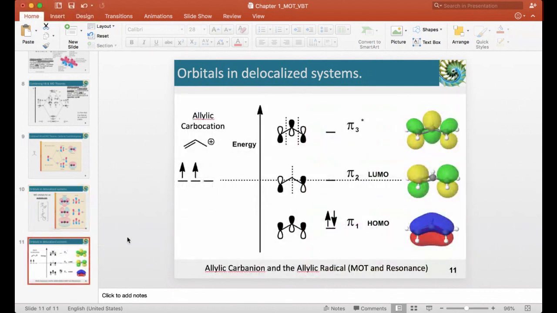And then lastly, I want to show a similar example. So here is a system which we call the allylic carbocation. The allylic carbocation is a carbocation because there is a carbon that has a formal charge of +1, a positively charged carbon. So if we want to build the molecular orbitals for the allylic carbocation, we need to think first, how many p orbitals are next to one another in the system?